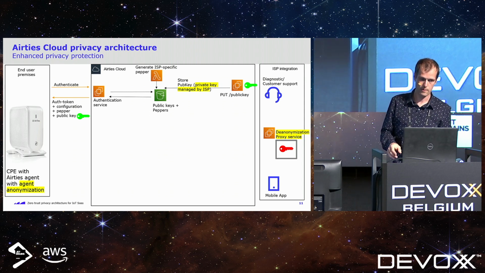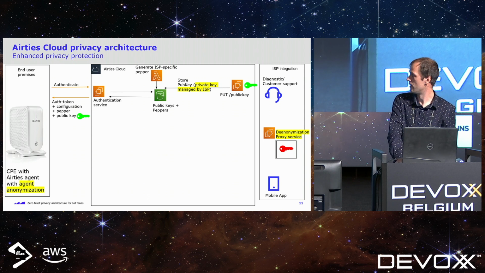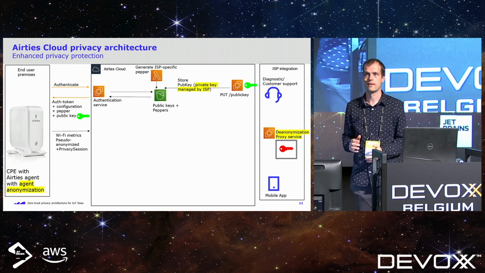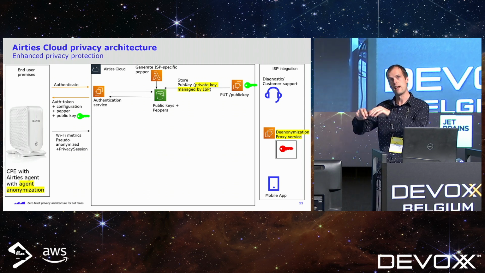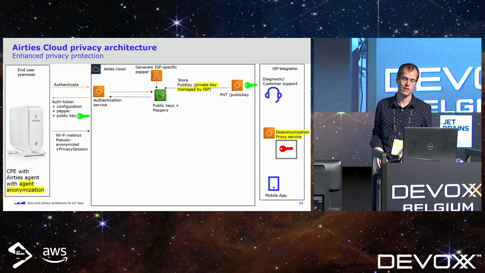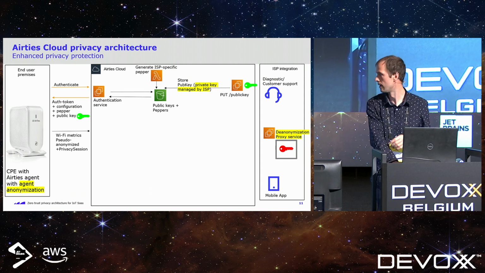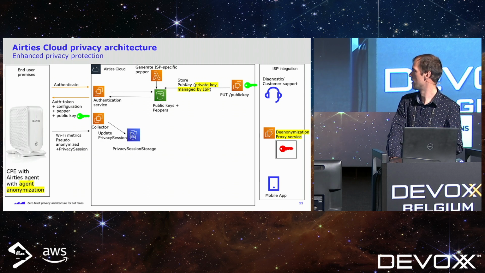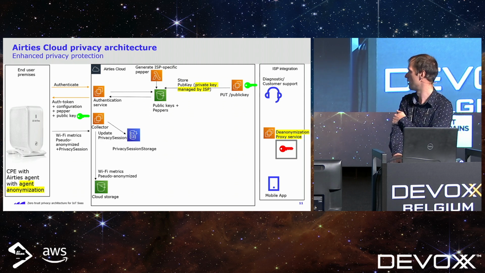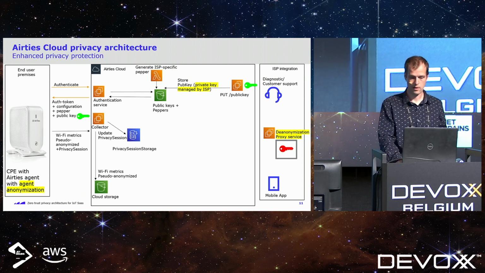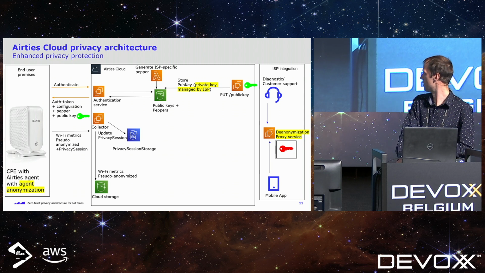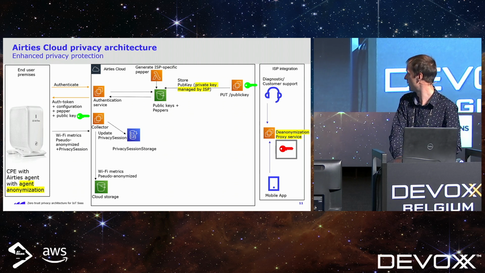So with that public key and that pepper, the device can send us all the data pseudo-anonymized, and have the encrypted privacy session also sent with it. This privacy session we store in a special privacy session storage, and all the metrics which are pseudo-anonymized we put in cloud storage, and that's the data we are going to process.